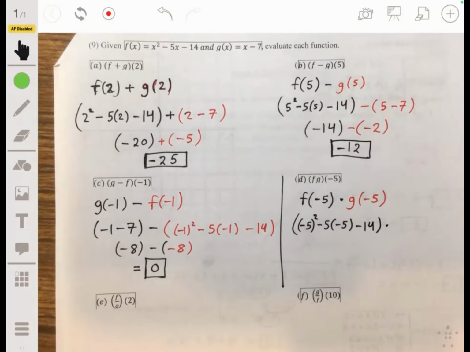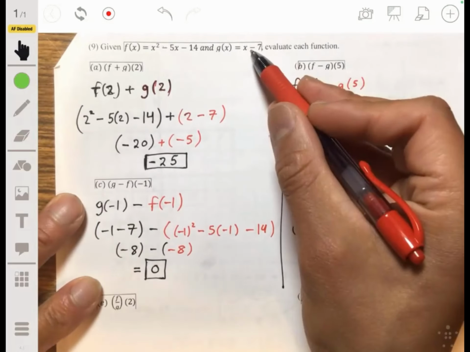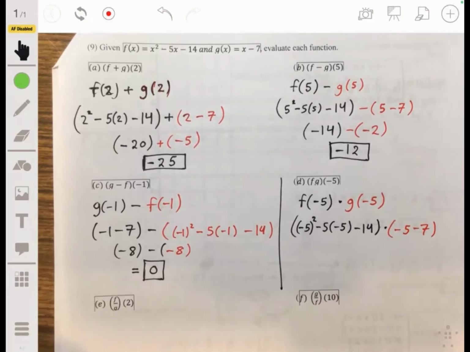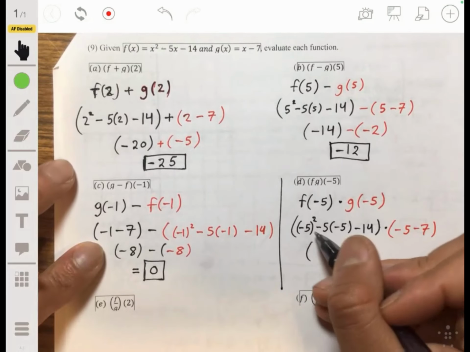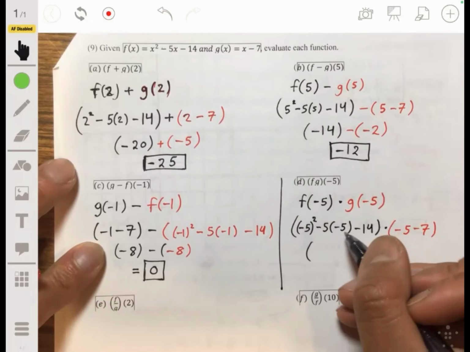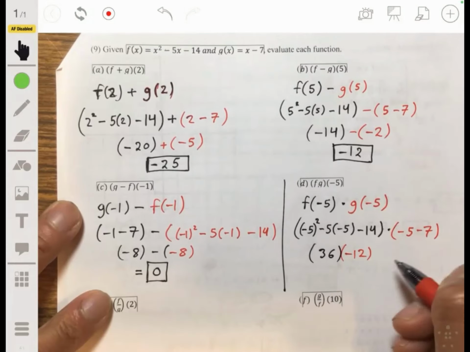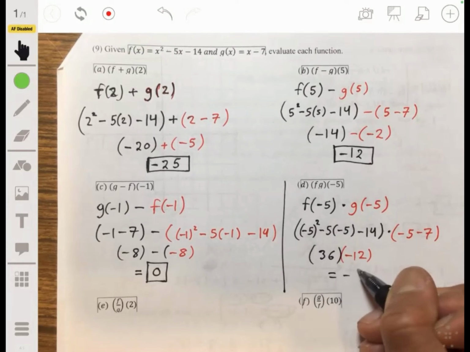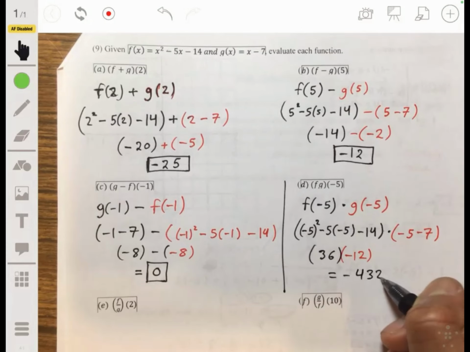This is going to be multiplied by plugging negative 5 into here, negative 5 minus 7. So 25 plus 25, 50, so we get 36 times negative 12. And we get negative 432.